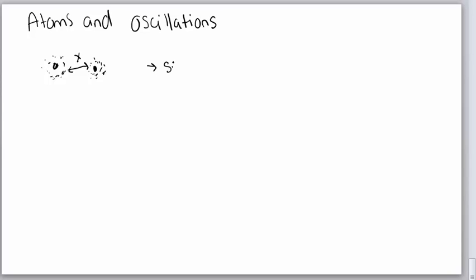So balls on springs, essentially. We have two masses connected to each other via a spring. All right, so let's recall from the past chapter the Lennard-Jones potential.